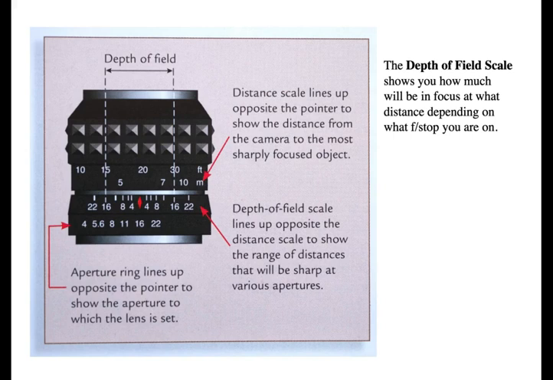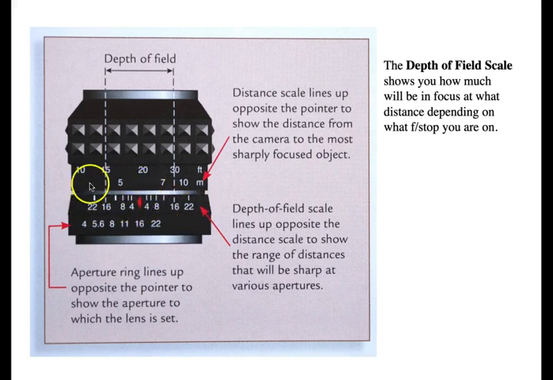And what's great about these lenses is you can really make use of what's called the depth of field scale. What this does is it shows you the distance of how much is going to be in focus depending on what f-stop you're on. So in this illustration, we can see here's our aperture and our f-stops, and then above that we see the scale.